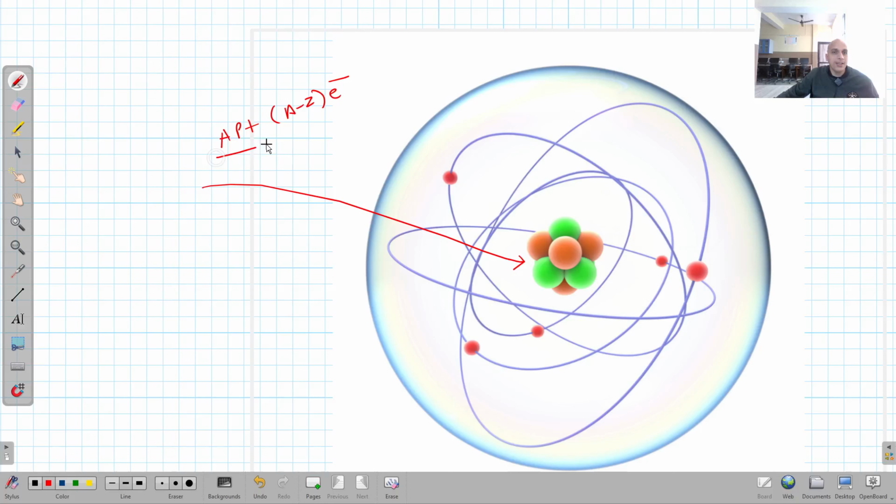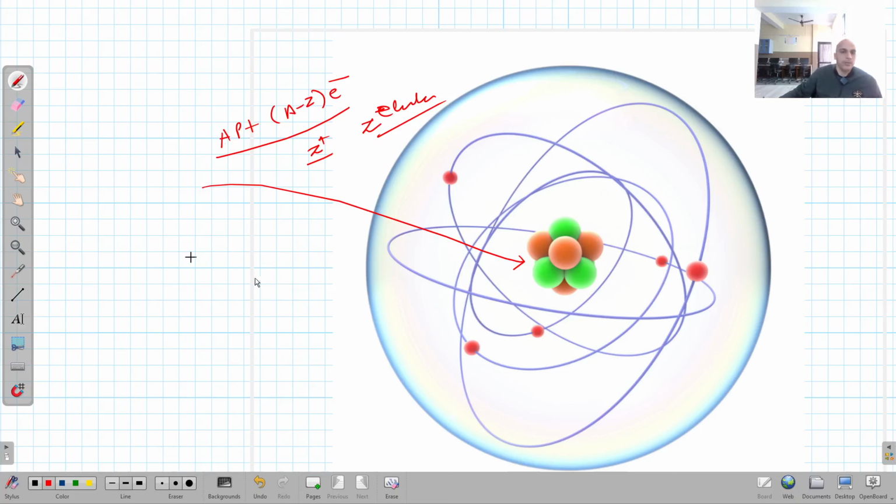So obviously the charge on the atomic nucleus will be equal to plus Z, because of A protons and A minus Z electrons. Now there are some electrons which are revolving around the nucleus. So Z extra electrons, Z electrons, are revolving around the nucleus.